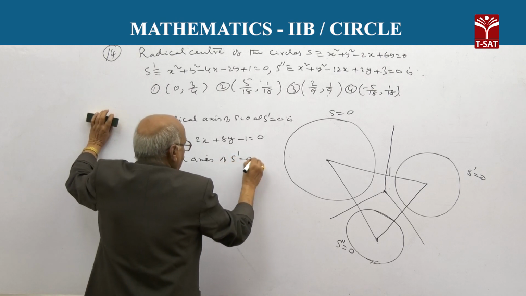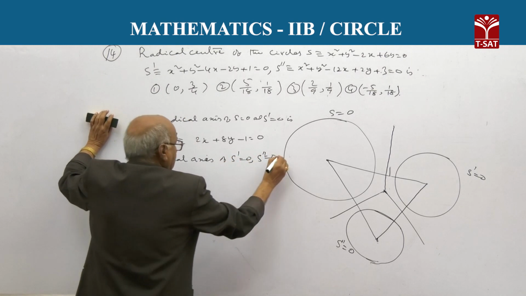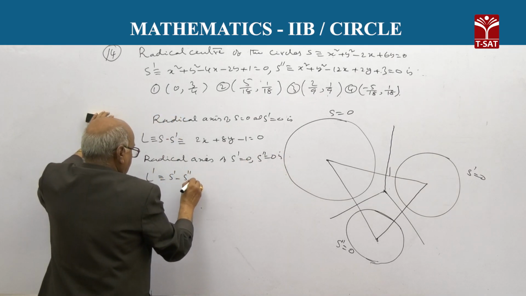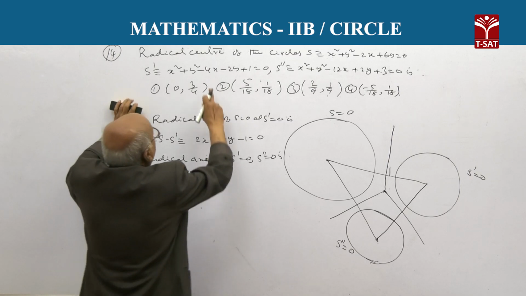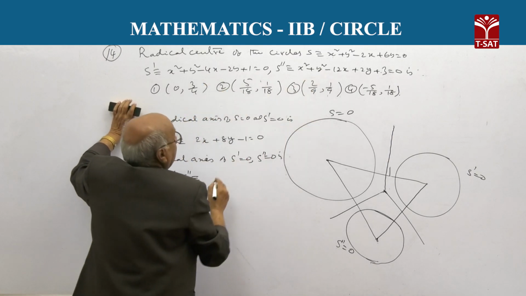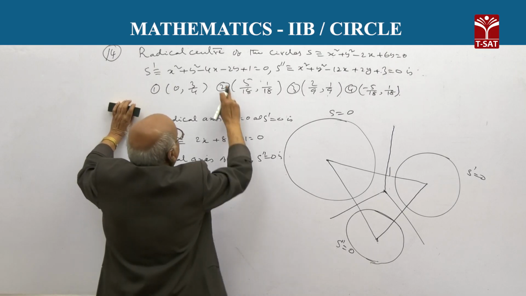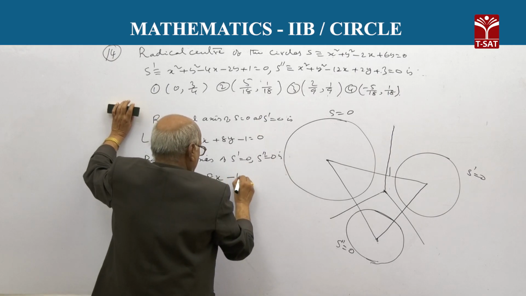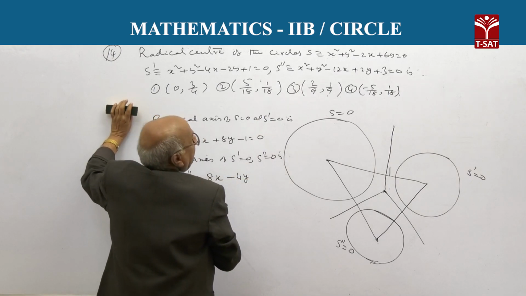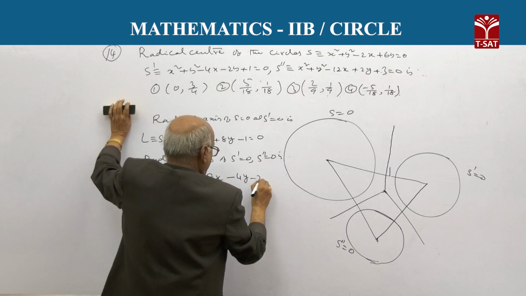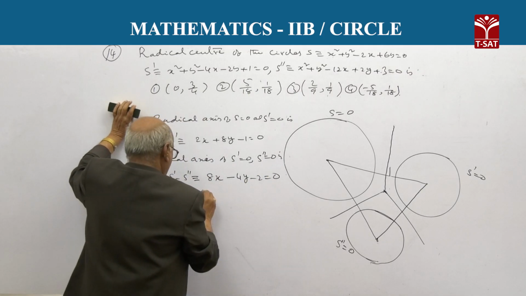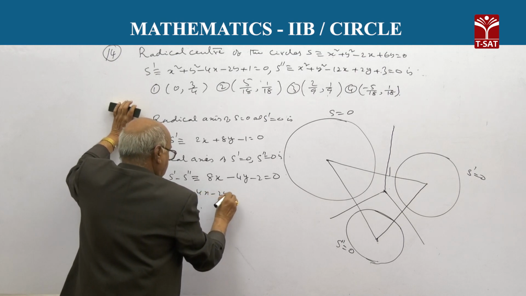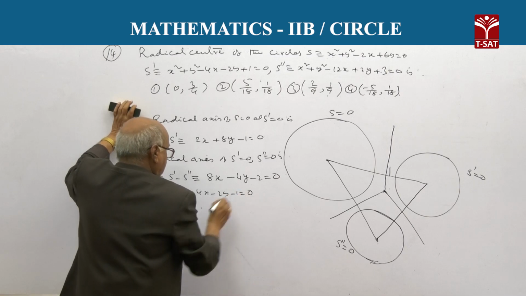And the radical axis of S dash equal to 0 and S double dash equal to 0 is L dash is equal to S dash minus S double dash, which means 4x minus 2y minus 1 equal to 0, that is L dash is equal to 4x minus 2y minus 1 equal to 0.